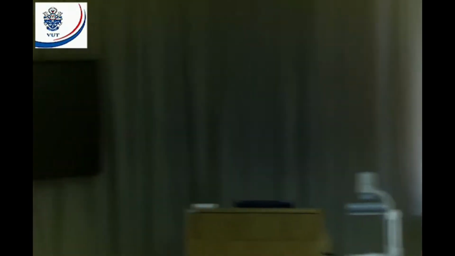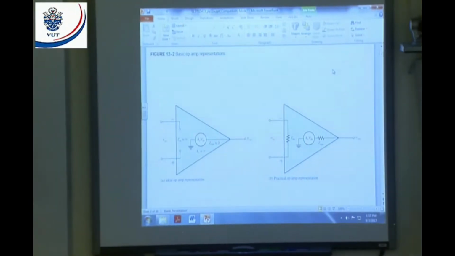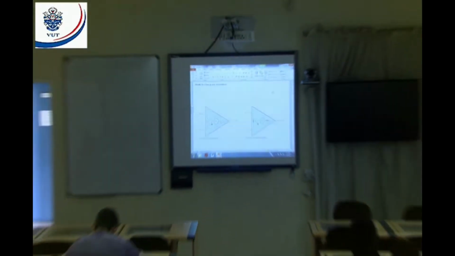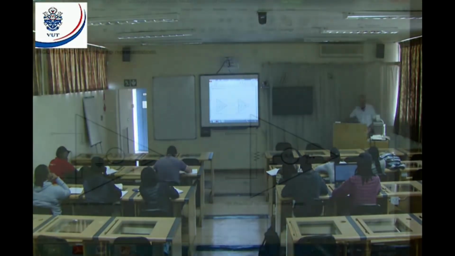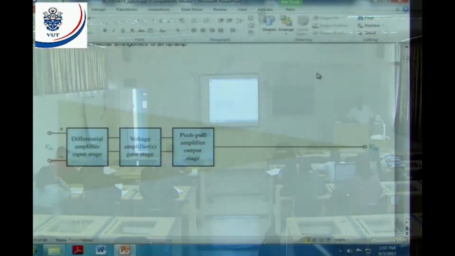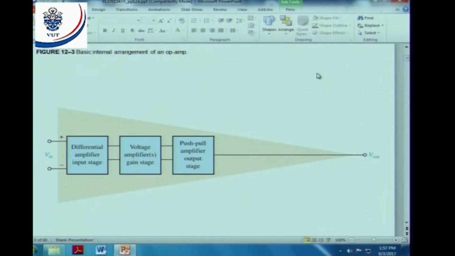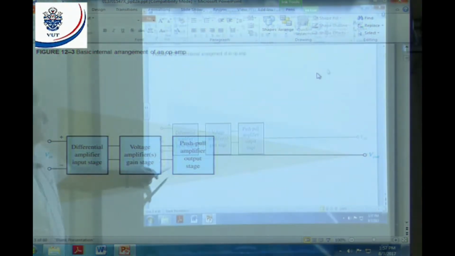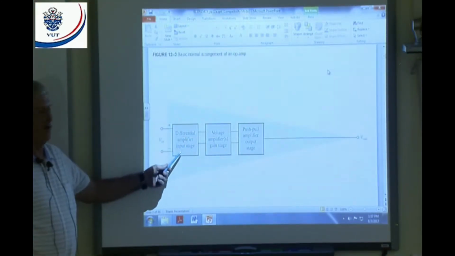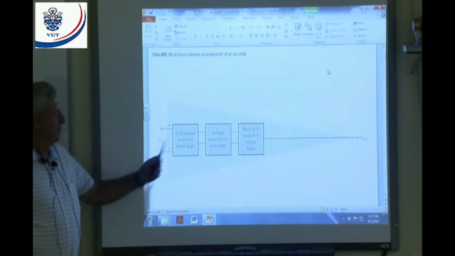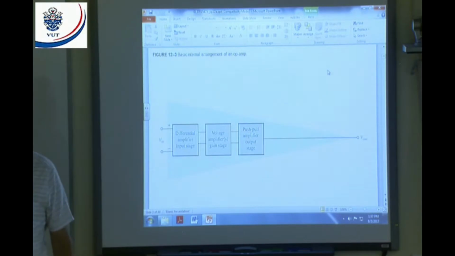All right, let's move on. The basic internal arrangement of an op-amp. What is inside an op-amp? First of all, I've mentioned to you 6.7, the differential amplifier, all right? The input stage of the op-amp is a differential amplifier.